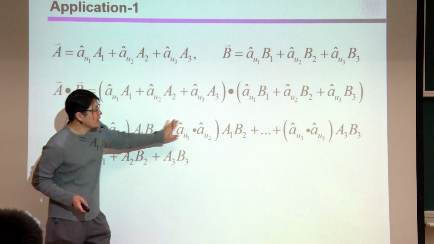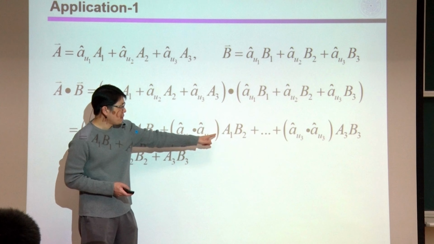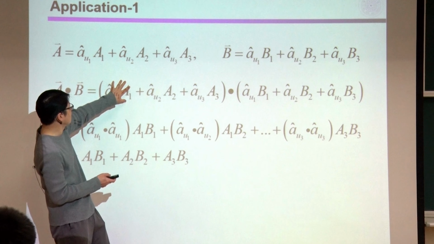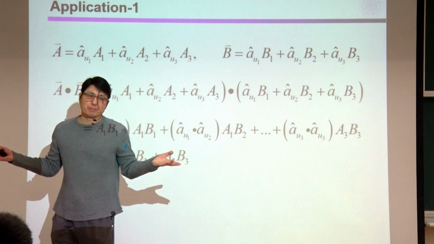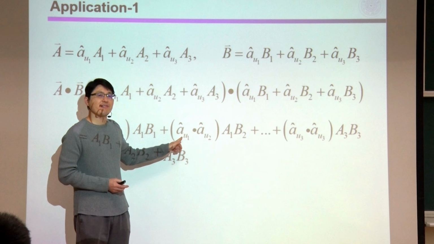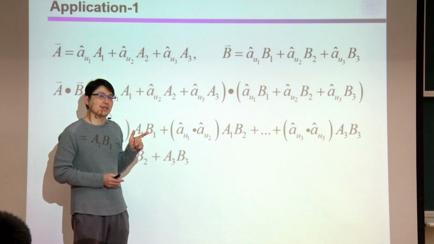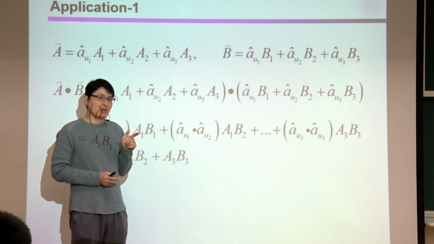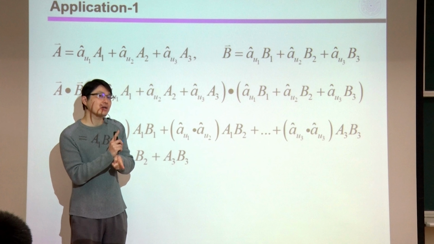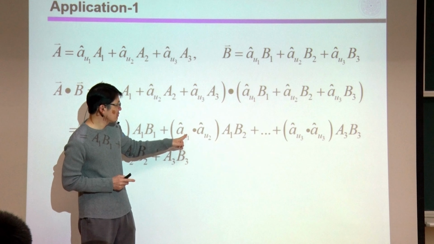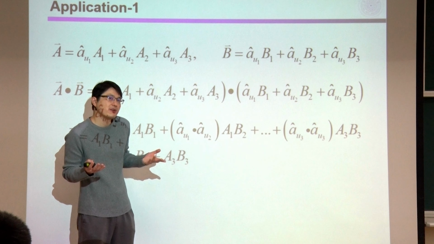Because I'm showing you the 9 terms, but eventually all the cross terms, for example A1 times B2, the first term multiplied by this term, would vanish due to the fact that the orthogonal coordinate system tells you the unit vectors are inter-perpendicular, right? Inter-orthogonal. So A1 times unit vector A2, that term vanishes.